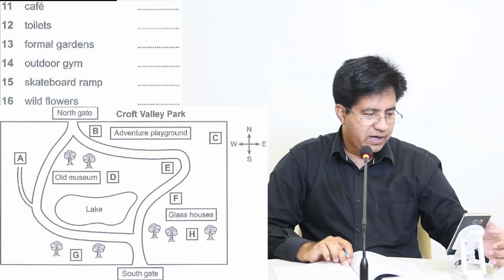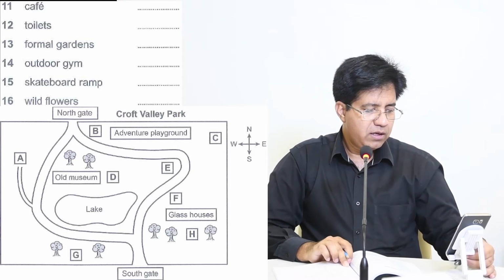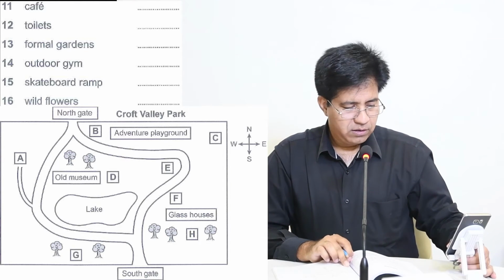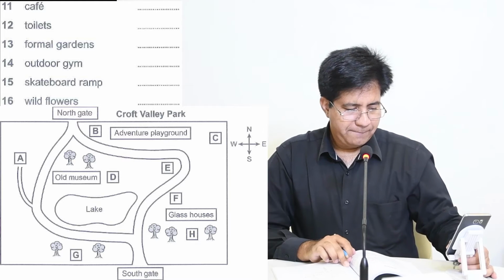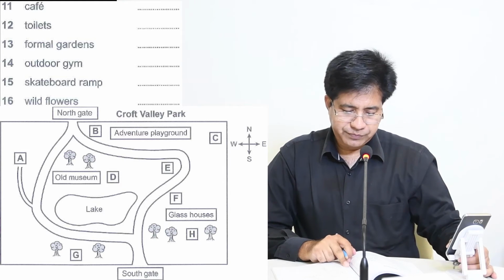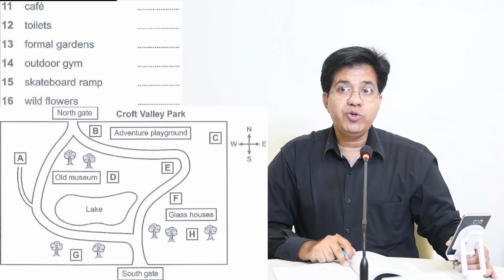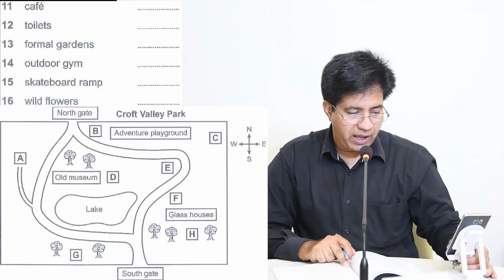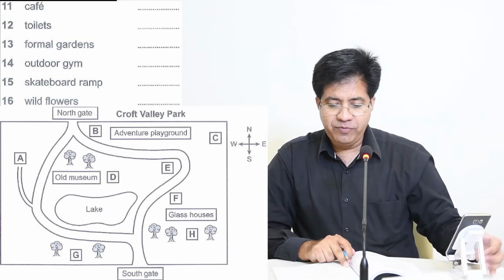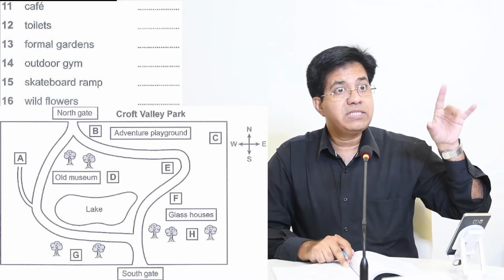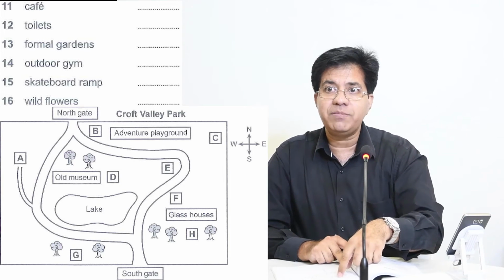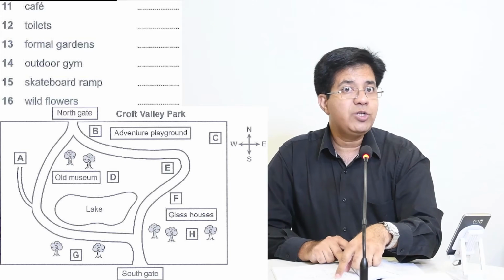Please listen to this one again. The formal gardens have been replanted and should be at their best in a month or 2. They used to be. Now it is not where they are. They used to be behind the old museum. But now we have no location there. Sometimes they may write behind old museum, they may write A, B, C, D, anything to confuse you.